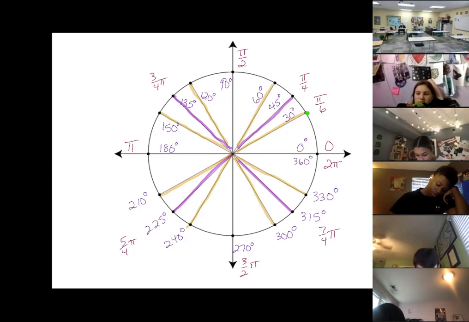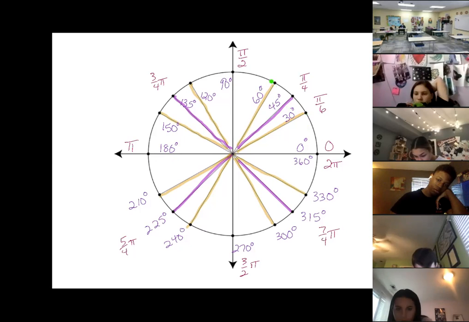So that's 1/6 pi. Every 30 degrees is going to be another 1/6. So here I'd be at 2/6 pi, but 2/6 reduces to 1/3. So this would be pi over 3.